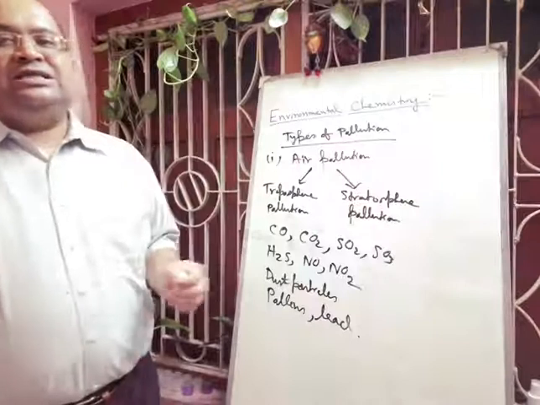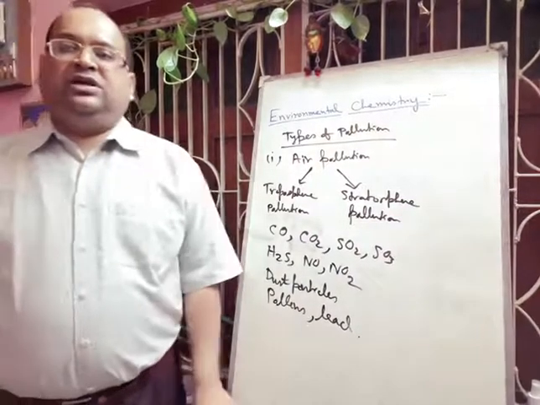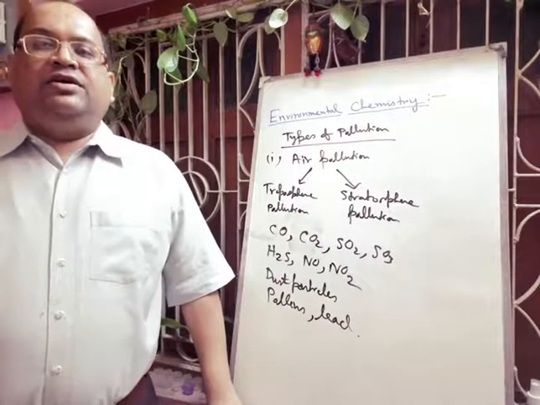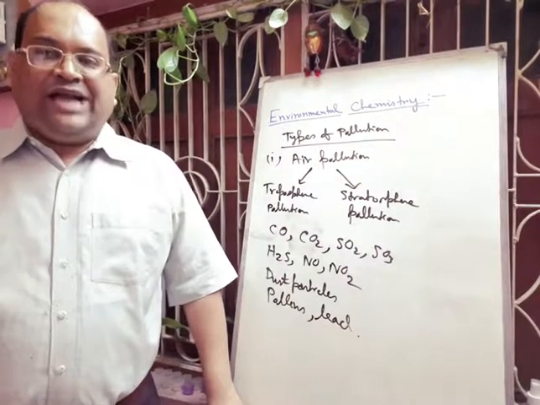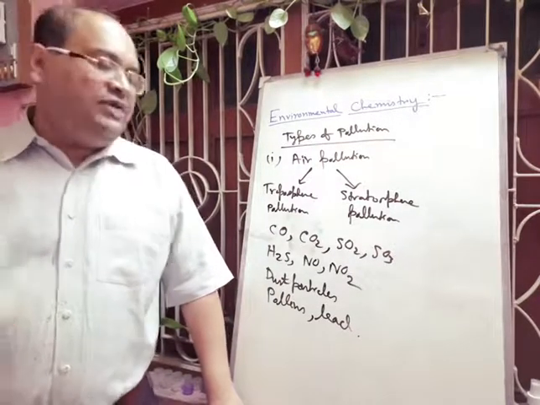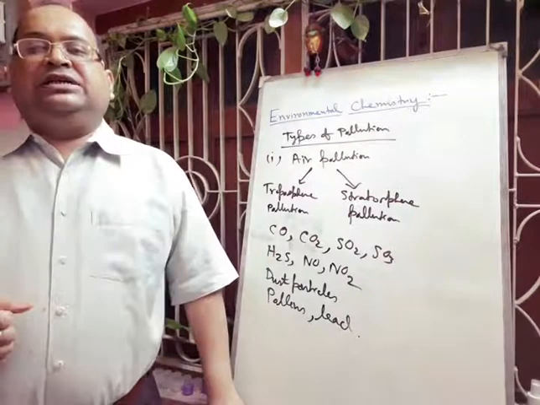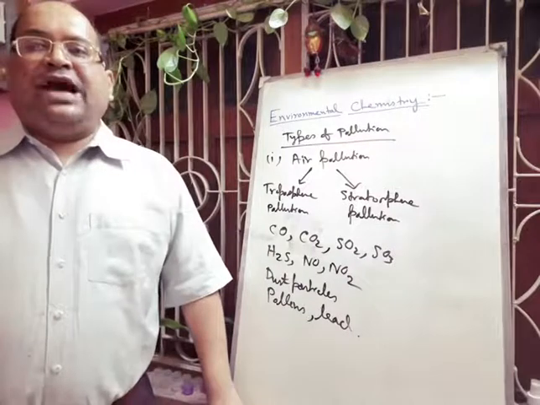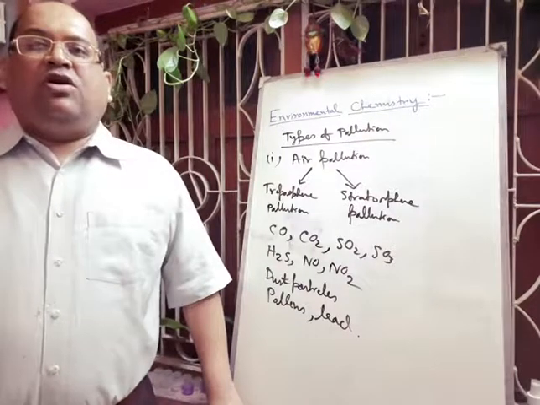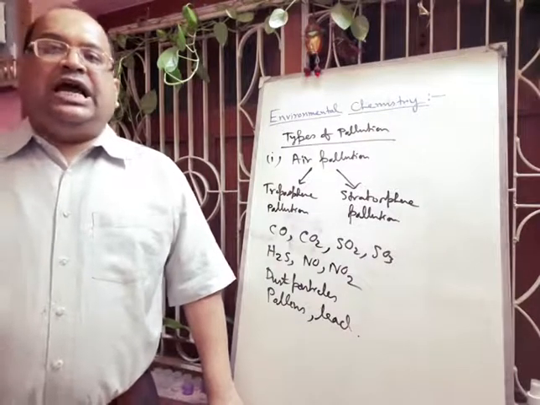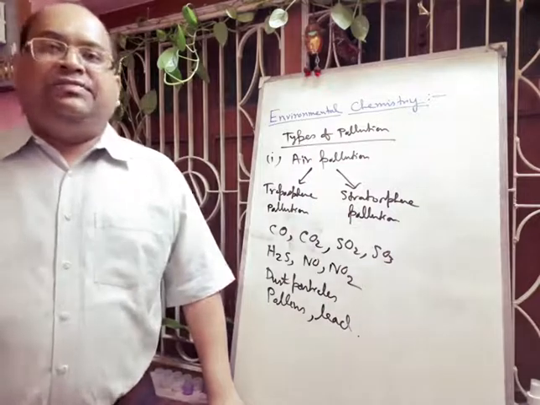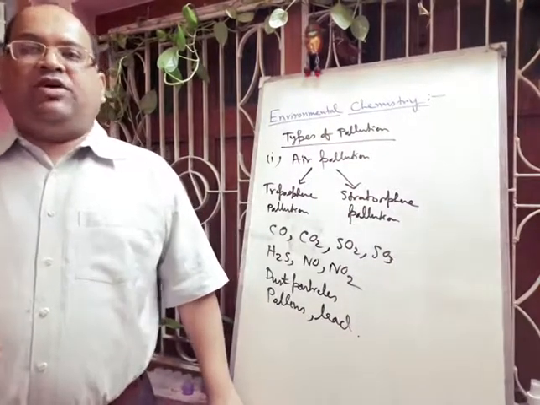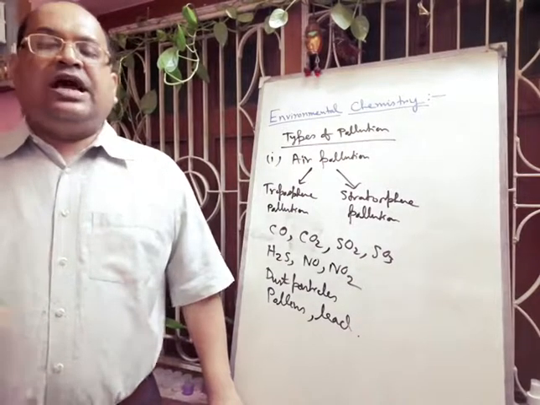Next we will discuss the effect of carbon monoxide. If we take in oxygen, then we will be activated. But if we inhale carbon monoxide, then the oxygen carrying capacity of the blood from the lungs to all parts of the body decreases. Carbon monoxide binds itself to hemoglobin more strongly than oxygen, forming a stable coordinate complex called carboxyhemoglobin.